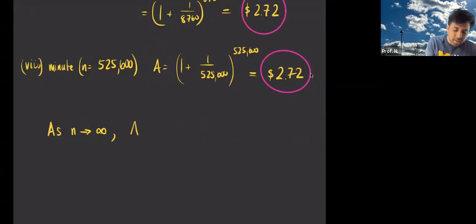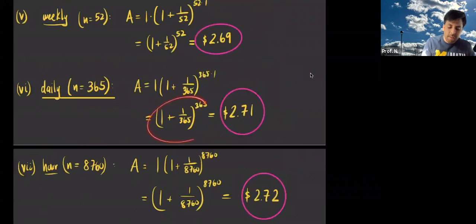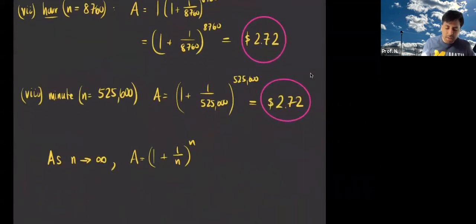I'm interested in 1 plus 1 over n to the n. At the end of the day, that's what I'm interested in. As n approaches infinity, what in the world does this approach? You've been doing this the whole time. The n values get bigger and bigger and bigger. And now what happens when n goes to infinity? Meaning that I'm compounding this every waking moment of my life.